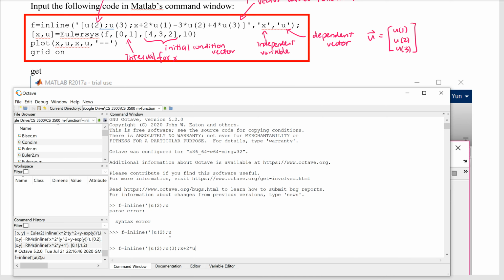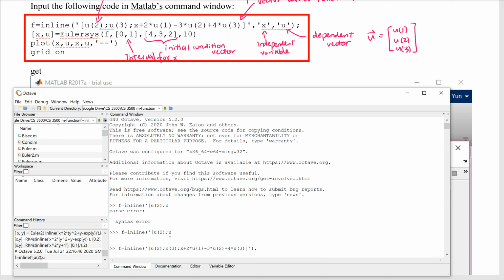Okay, u of 1 minus 3 times u of 2 plus 4 times u of 3. And then brackets. So this is a vector value function, and then close it.